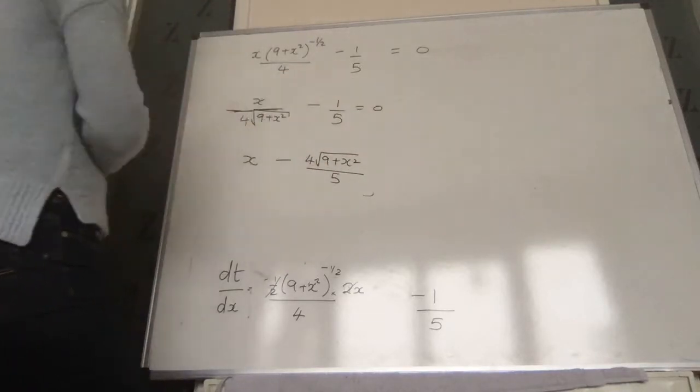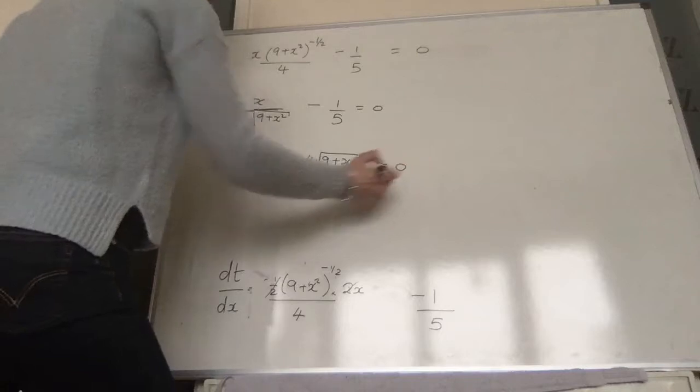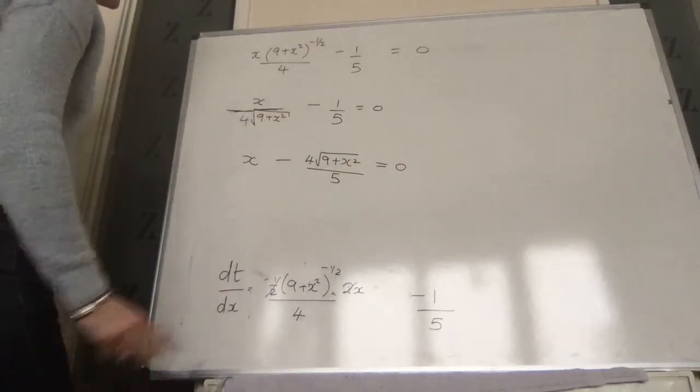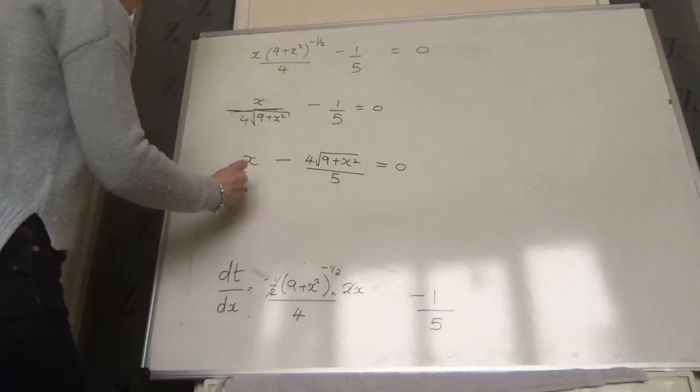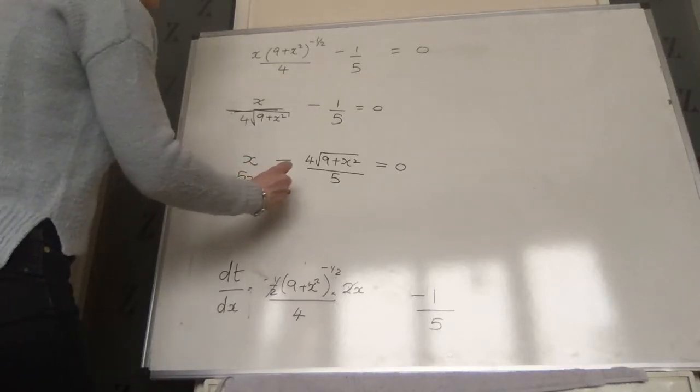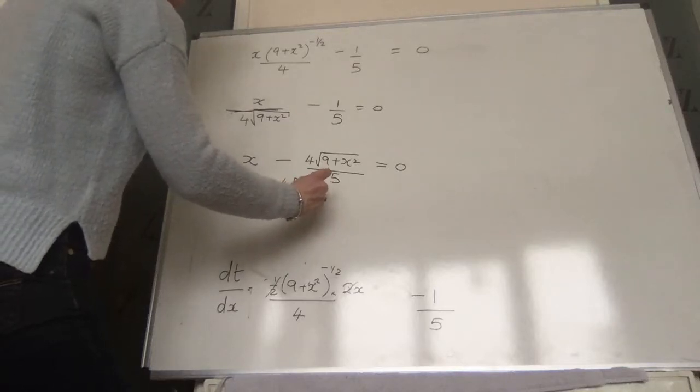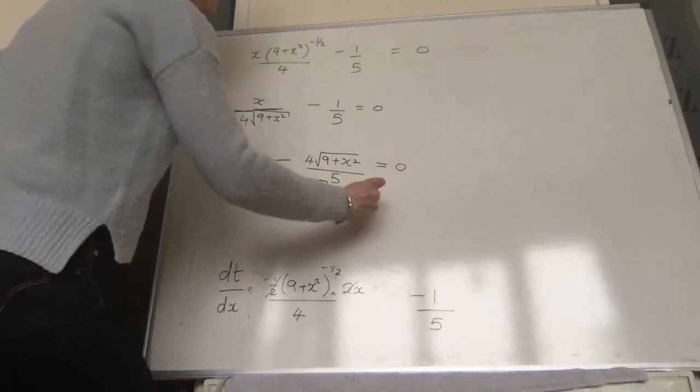And then when you multiply it over here, it becomes 0, is equal to 0. Okay, multiply across by 5 to get rid of the fraction. So we get 5x minus 4 times the square root of 9 plus x squared is equal to 0.